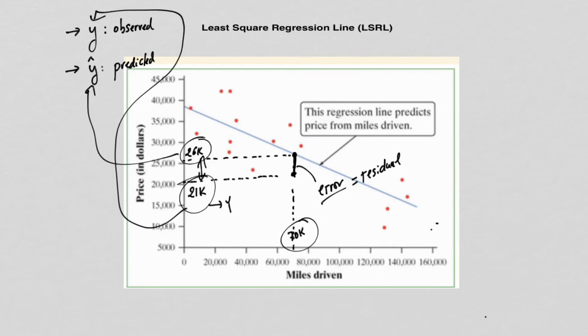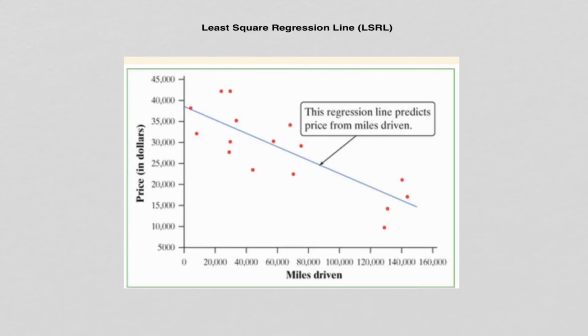Now, mathematicians came up with a really nice idea. They said, look, the way I'm going to draw the blue line is the one that's going to give me the least square, or least total square. Here's what it means. So let me work out a couple of things for you.